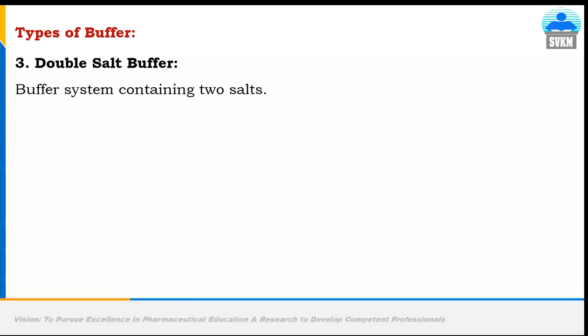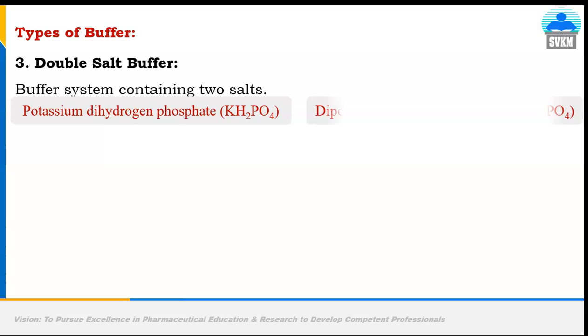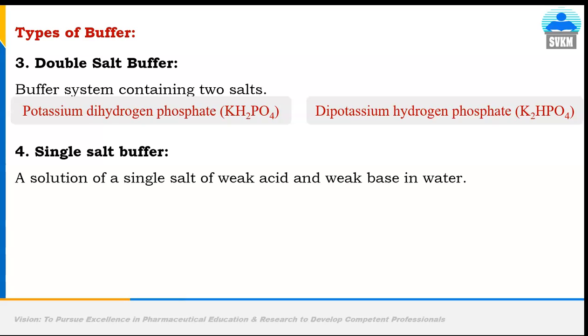Then third one, double salt buffer. Buffer system containing two salts. For example, potassium dihydrogen phosphate and dipotassium hydrogen phosphate is an example of double salt buffer. The fourth one, single salt buffer.